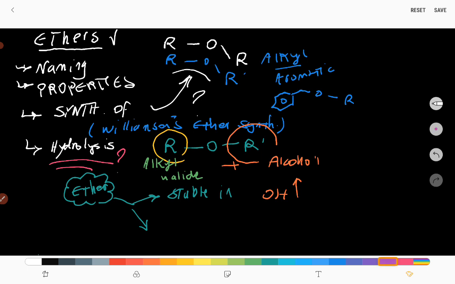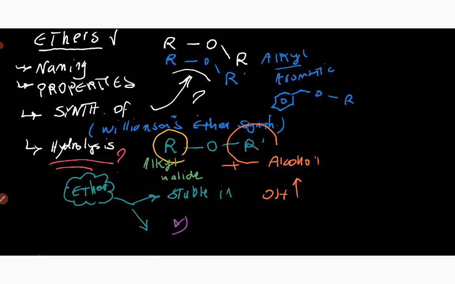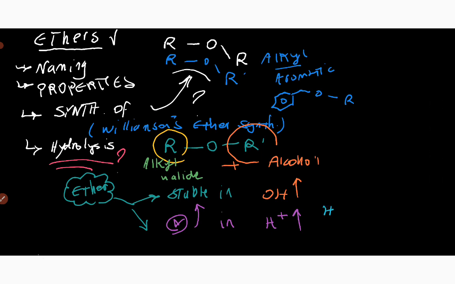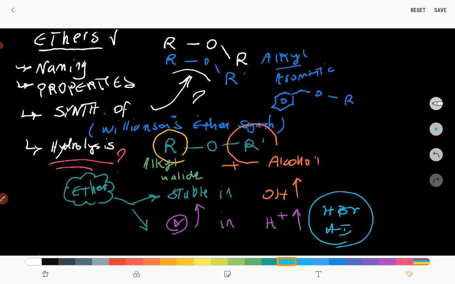But this ether is very sensitive and not stable in acidic environments. So when you use some powerful acids such as HBr or HI, you can split the ether into the particles that the ether was made of, and you can have an alkyl halide and alcohol with the hydrolysis of ethers.